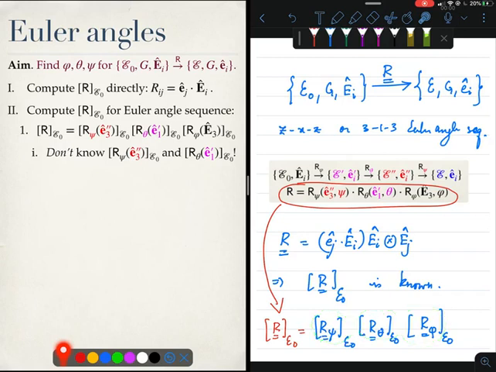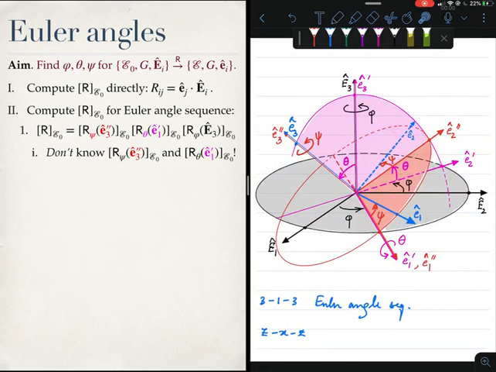Okay, you will find that you don't know R psi, for example, in E0. You don't know R theta in E0. What we do know is R phi in E0. Why do we know R phi in E0? For that, we must go back to this picture. In this picture, recall that we went from the black coordinate system to the pink coordinate system by a rotation of phi around E3.